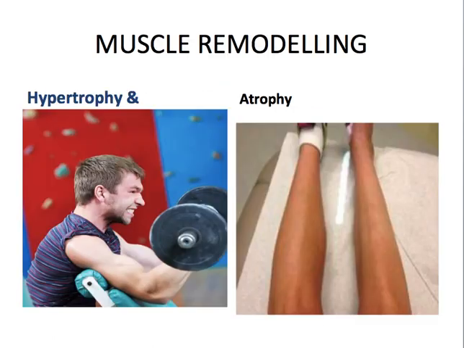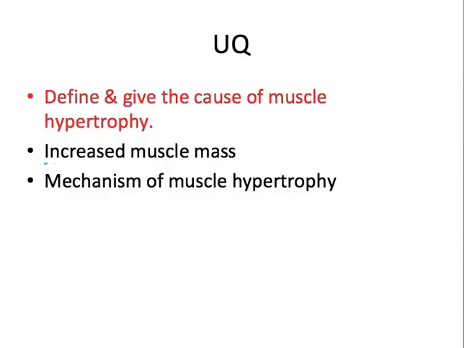Let's move to our next topic, remodeling of muscle, which could be hypertrophy or atrophy. Muscle hypertrophy is increased muscle mass in simple words.